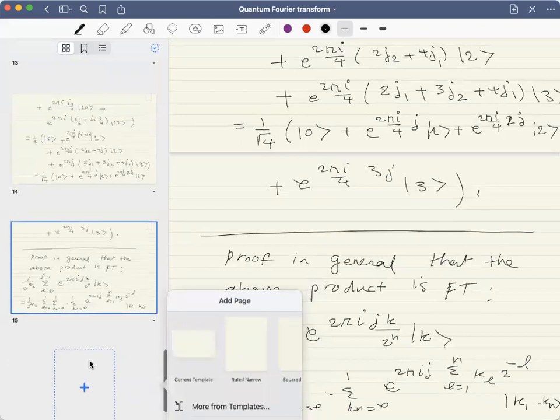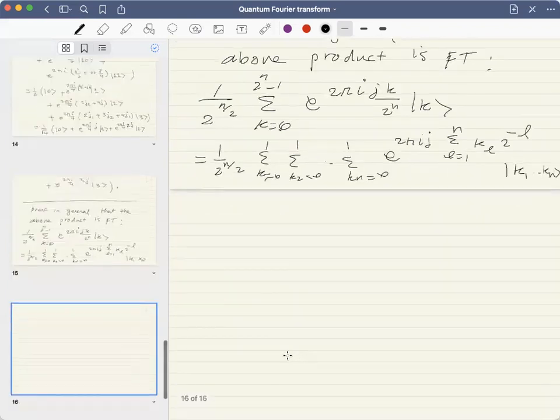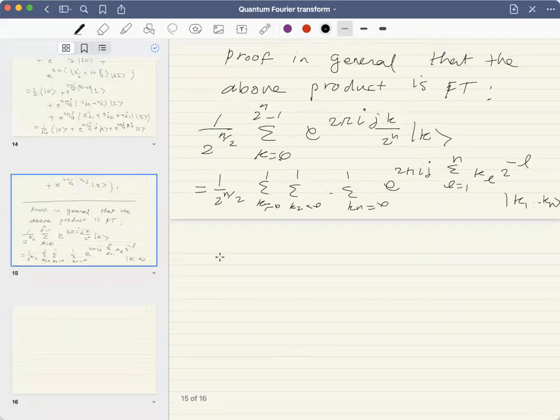So where did that come from? Well, k, according to our general binary decomposition, is k1 2 to the n minus 1 plus k2 2 to the n minus 2 plus, ultimately, kn 2 to the 0, or n minus n.